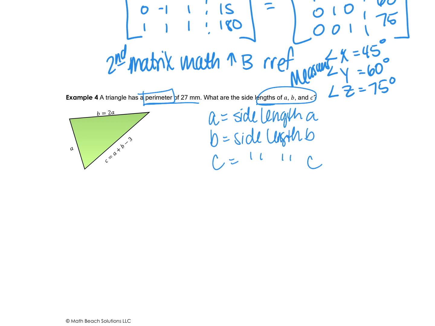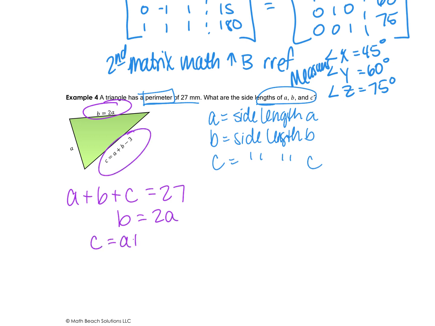Remember, perimeter of any object is adding all the sides. So my first equation would be A plus B plus C, which is adding all the sides, should give you a total of 27. The other equations, we actually know B is 2A, and then the third equation, C equals A plus B minus 3.